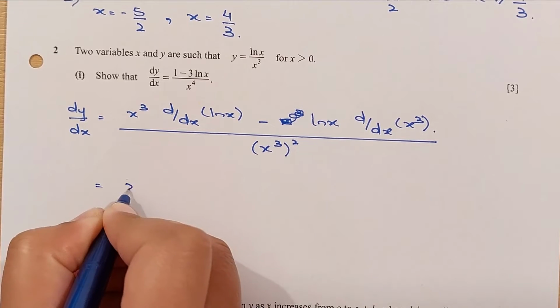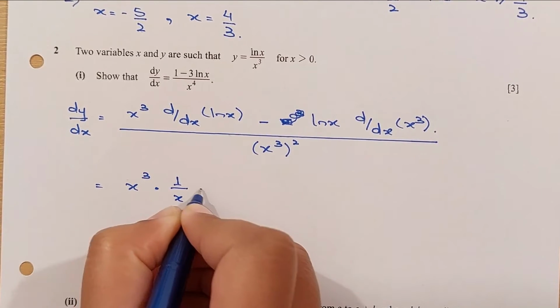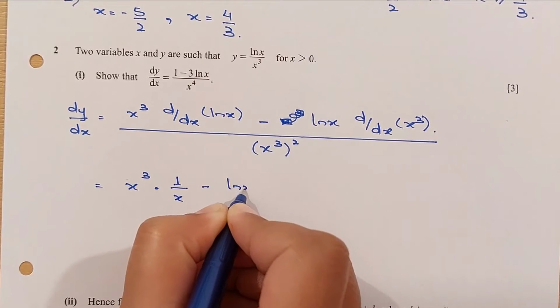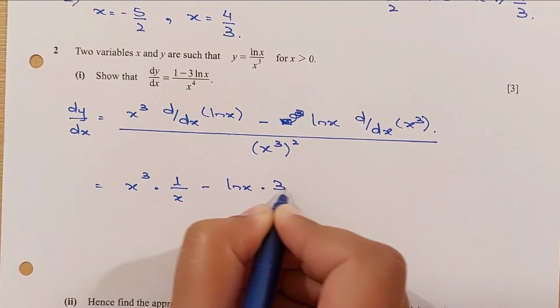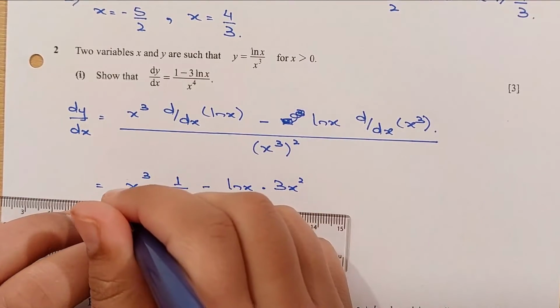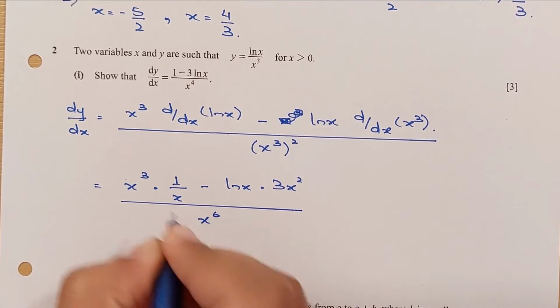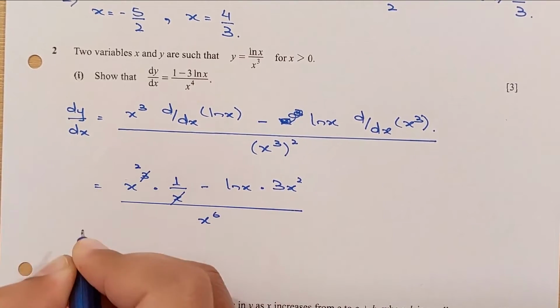Now for further simplification, we have x cubed here times 1 by x, minus ln x times its derivative 3x squared, and this whole thing is divided by x exponent 6. Now we can cancel this with x squared.